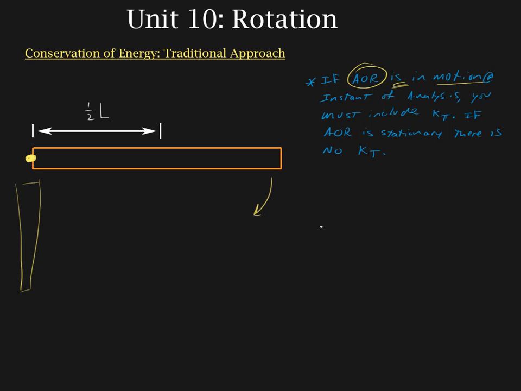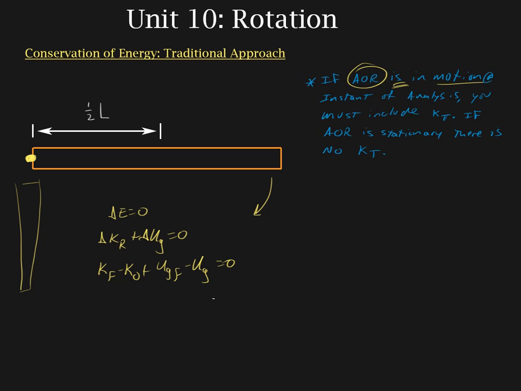Okay, so the traditional approach to solving this problem is to treat it like it's entirely rotational. And so we have delta E is equal to 0. So we have delta K rotational plus delta UG is equal to 0. And so we have K final minus K initial plus UG final minus UG initial is equal to 0.